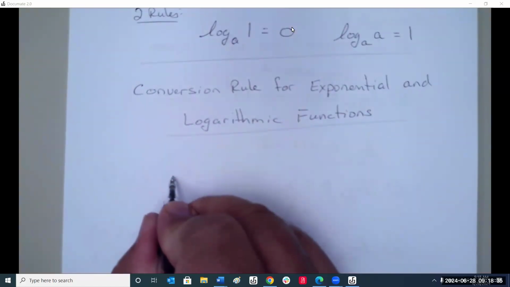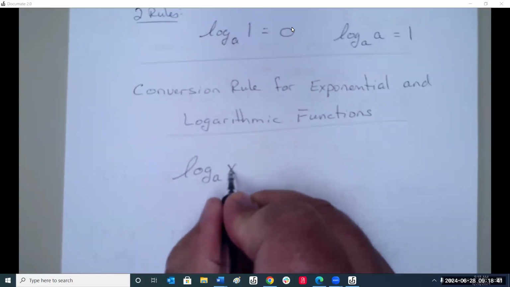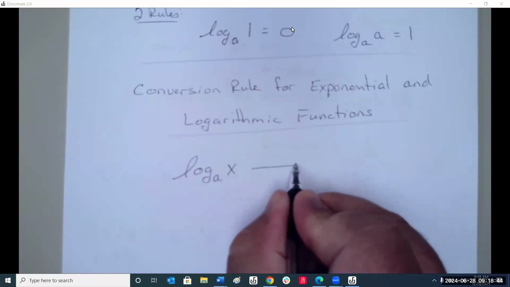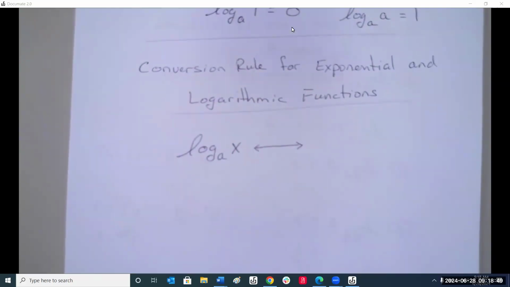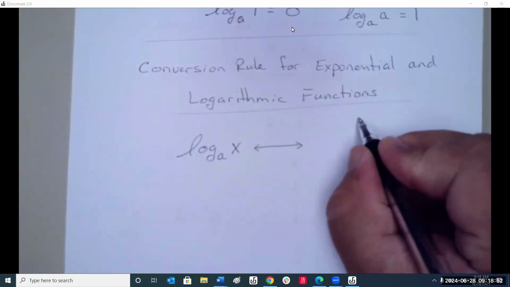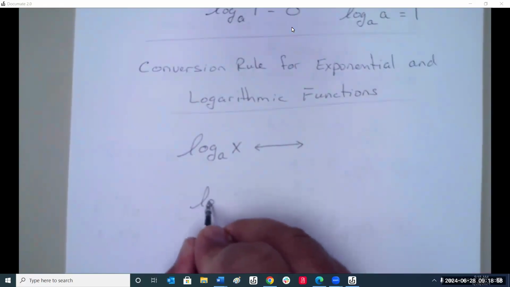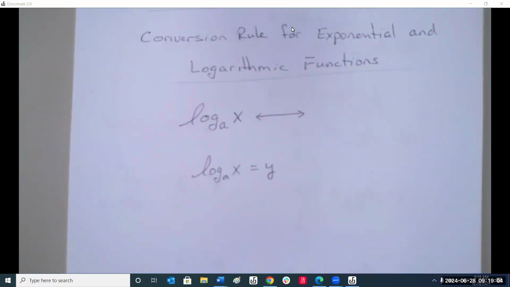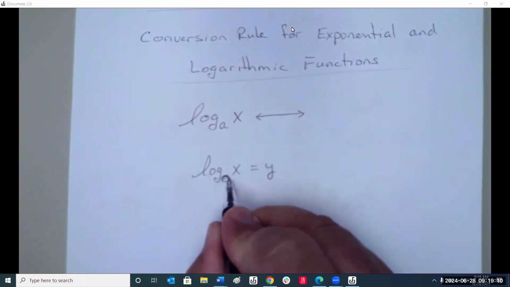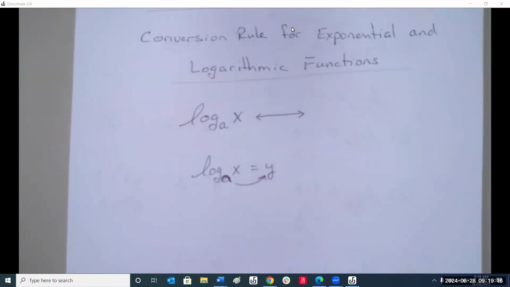It's pretty straightforward. We have any log base a of x. What we know so far is this: log base A of X is equal to, let's say, Y. So the conversion is, since A is the base, it comes over here and is the base of the answer.